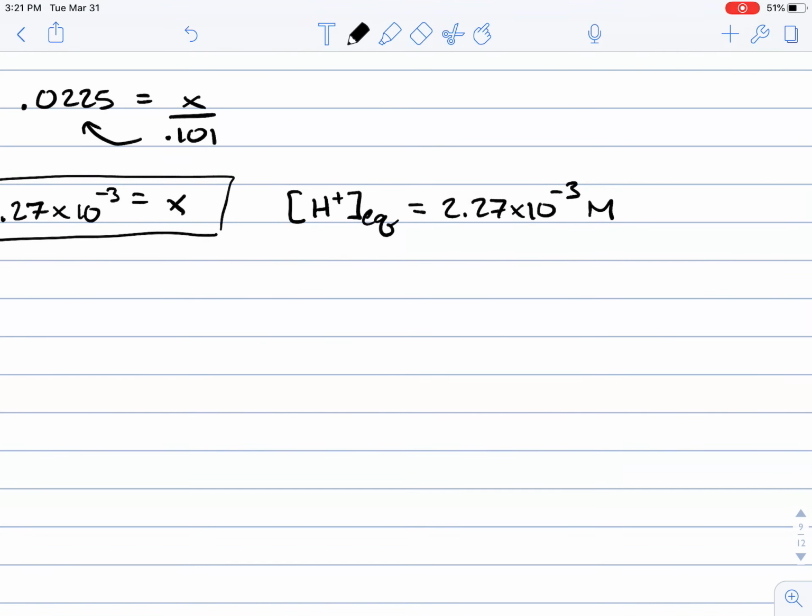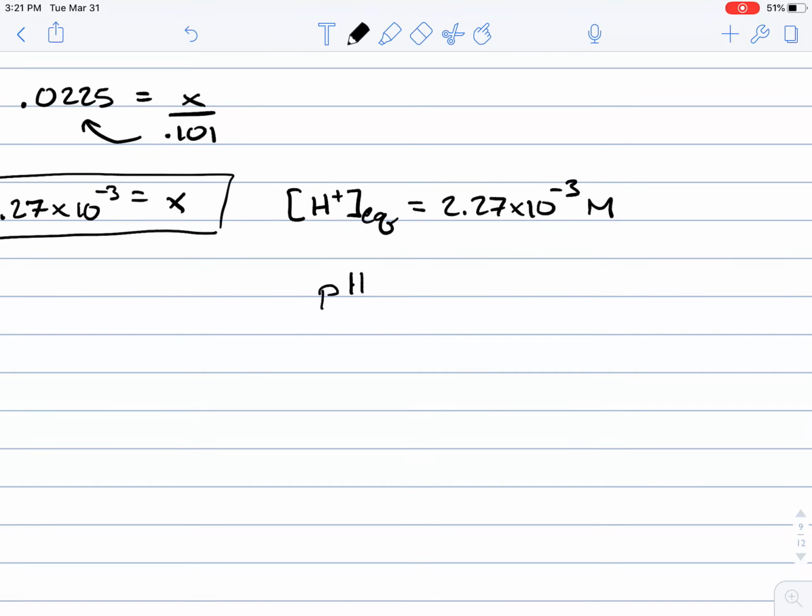Now that we have that, we can start solving for the pH without having to determine this value from the mass action expression. So pH is equal to negative log of 2.27 times 10 to the negative 3.